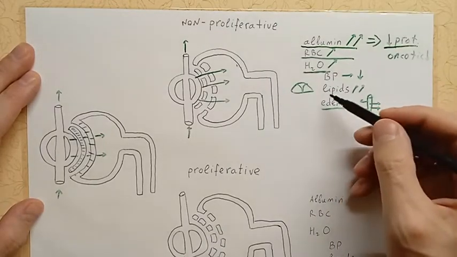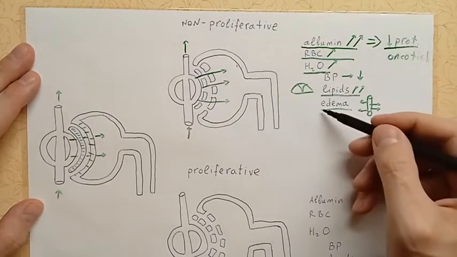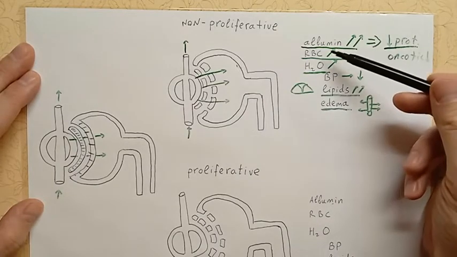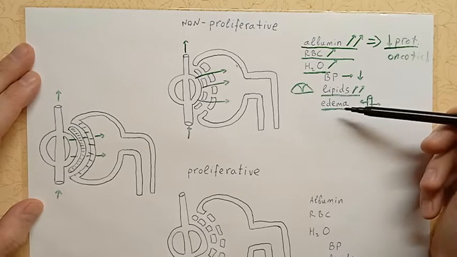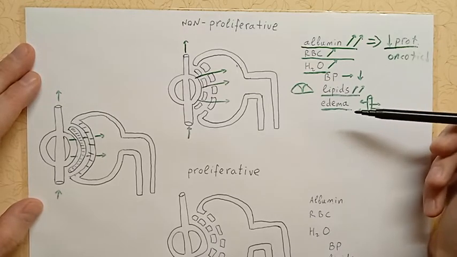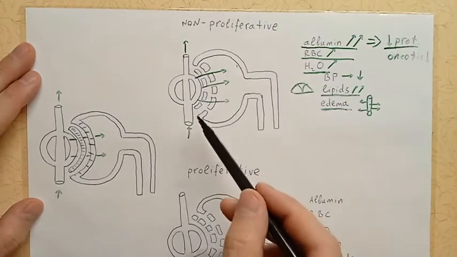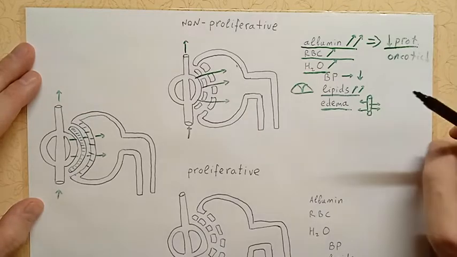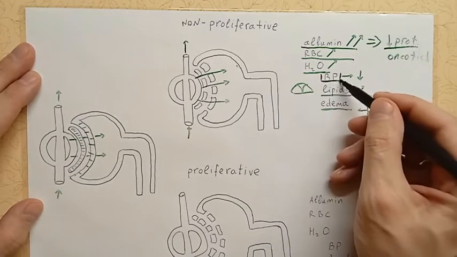This patient will have an increased level of lipids in the blood and edema. So, proteinuria, hematuria, hyperlipidemia, and oncotic edema are markers of non-proliferative glomerulonephritis. Remember that the blood pressure is not increased.